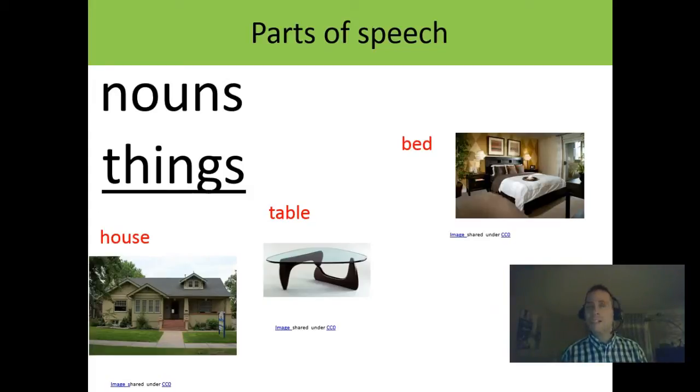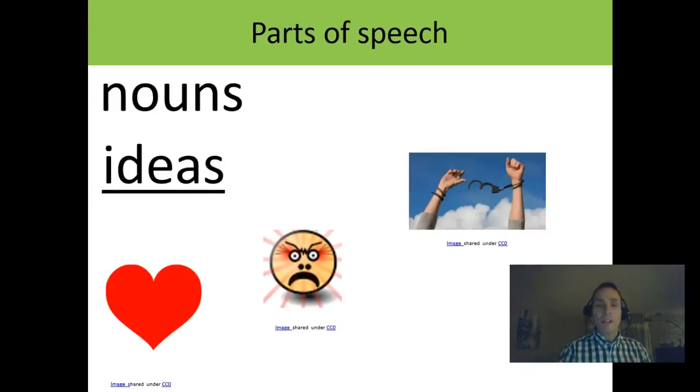Well, a planet actually is a place, I guess, but these are all things, and they're all nouns. Okay, now, so far we've talked about very concrete nouns. So concrete nouns are things that we can touch, see, and feel with our hands.